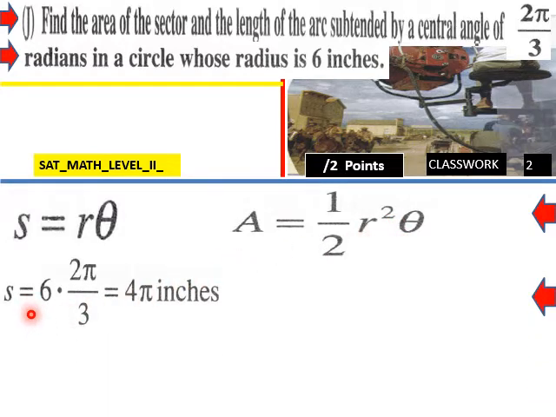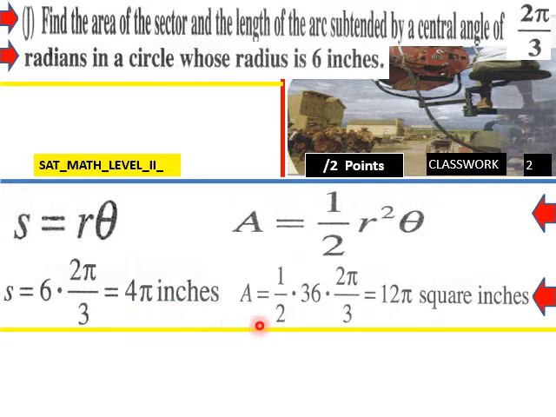S equals 6 times 2 pi over 3, which equals 4 pi inches, so we know the length of our arc. The area equals 1/2 times 36 times 2 pi over 3, which is theta. Multiplying this out, we get 12 pi square inches. R squared is 36.